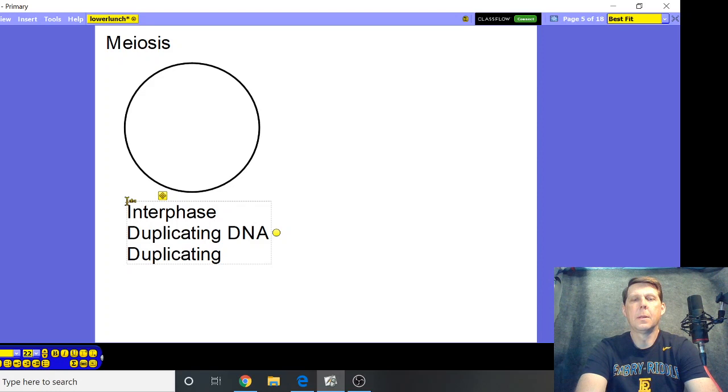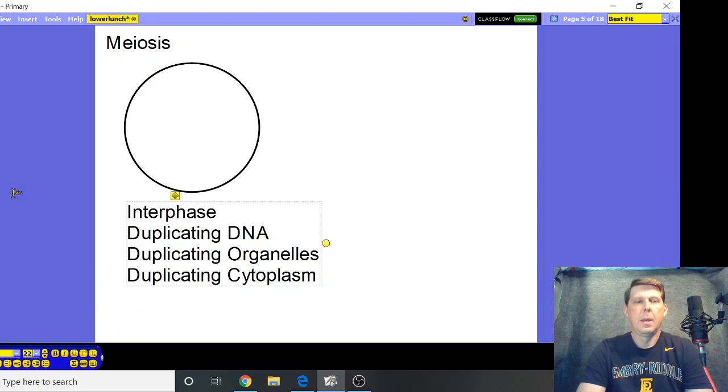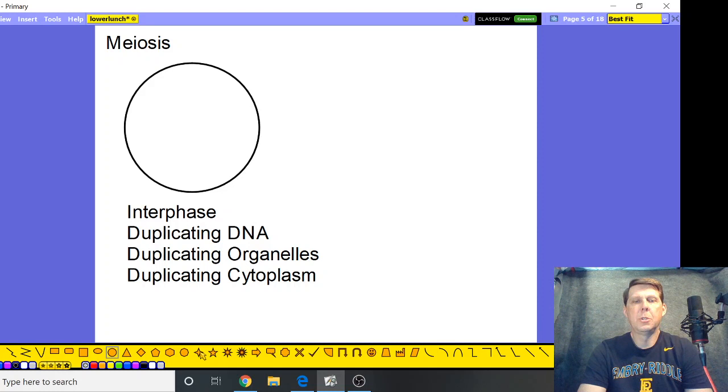duplicating organelles, right? Duplicating cytoplasm. Right? So we can put some organelles in here. Let's say it's a mitochondria. Put another one. All right, we'll put some of these guys in.